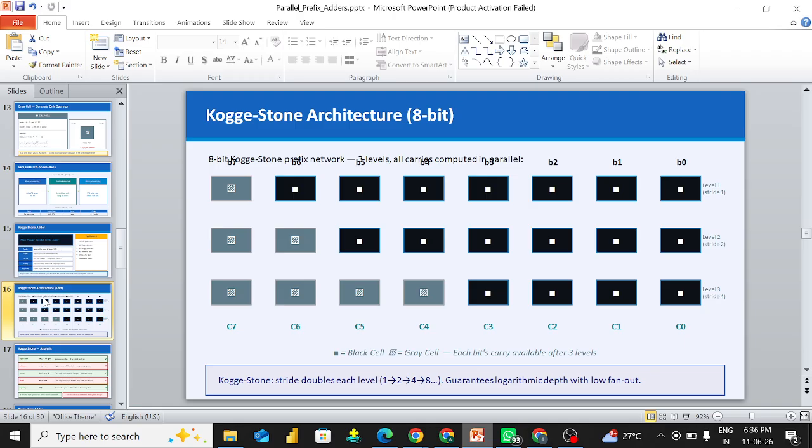what happens in that case? If you receive input as 32-bit, 64-bit, or even 128-bit, it needs to propagate its carry for around 64 times for 64-bit, and for 128-bit it needs to propagate its carry around 128 times.